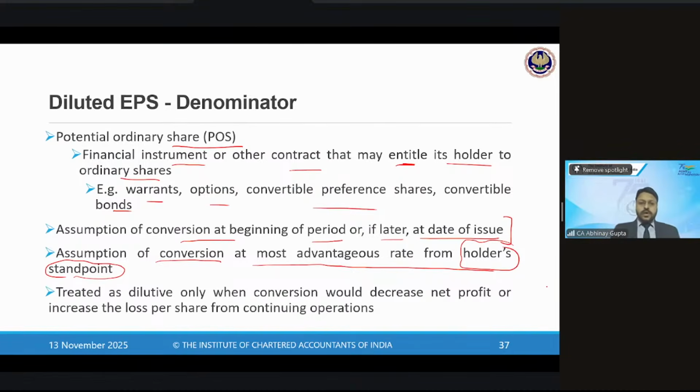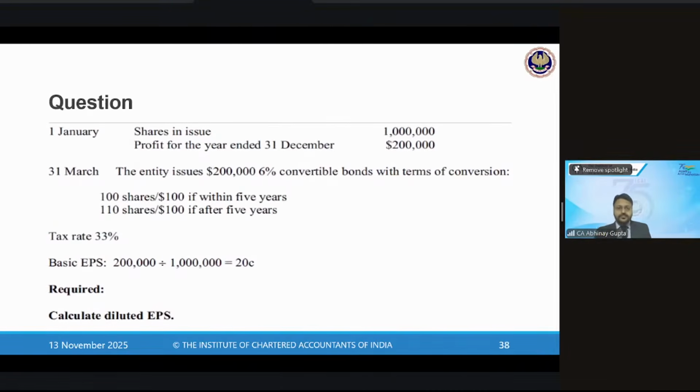So let's understand this. On 1st of January, shares in issue, 10 lakh. Profit for the year ended 31st December, 2 lakh.